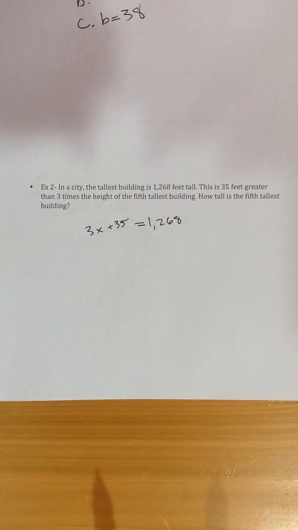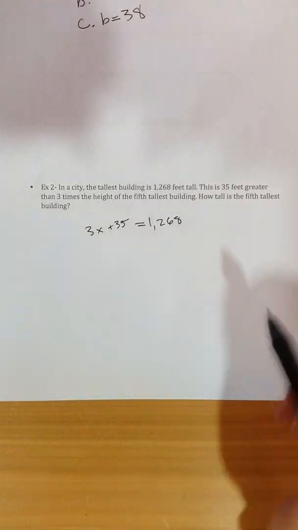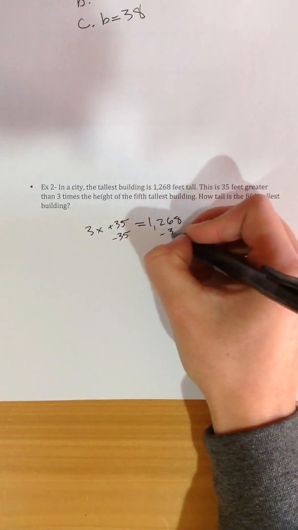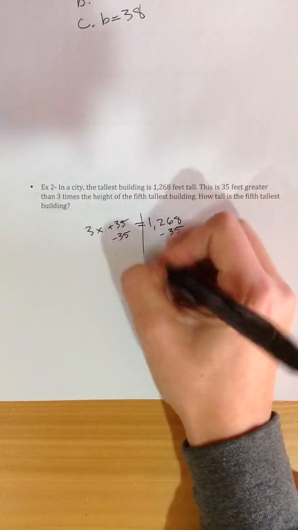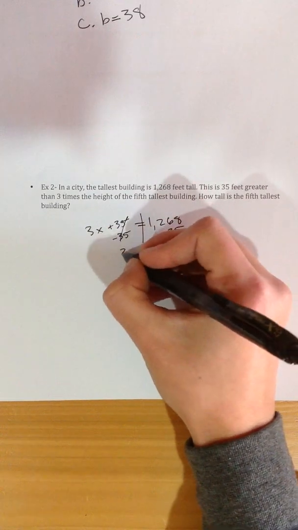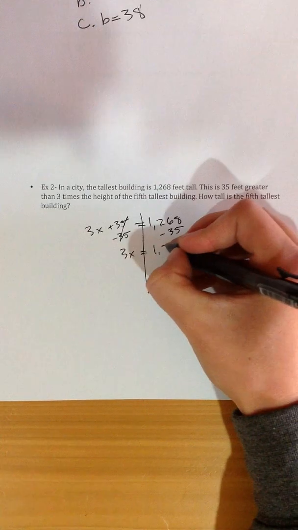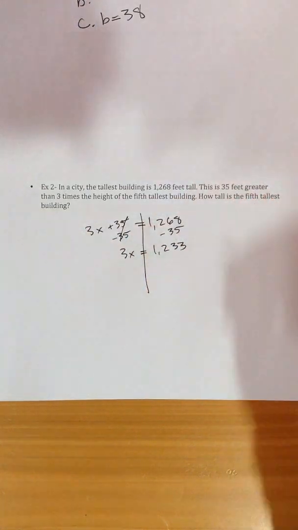Then from there, I want to solve this out. So again, working my order of operations backwards, I'm going to start with my adding 35. So I'm going to subtract 35 from each side. Then I'll have that going away, and I'll have 3x is equal to, and then if I do 1,268 minus 35, I should get 1,233.